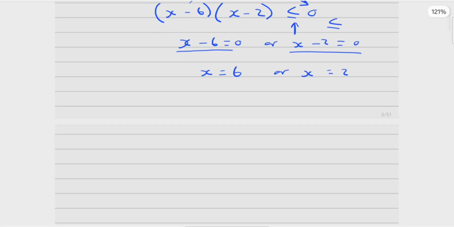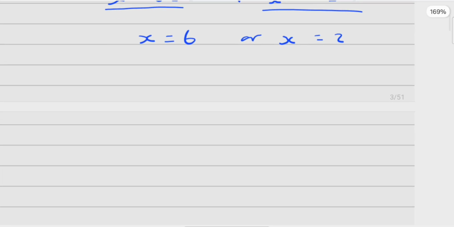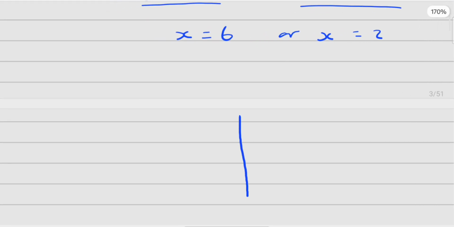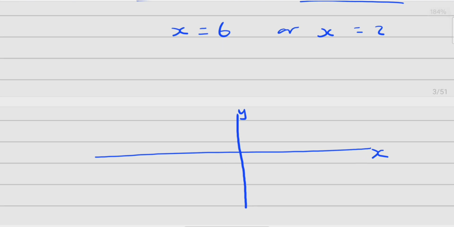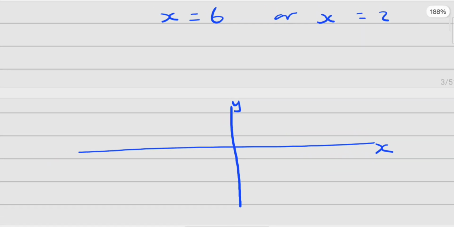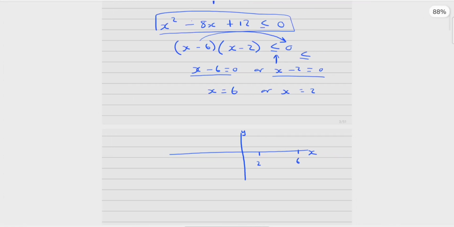And for that, we are going to make a sketch. We're going to be using the graphical method. So for that, we put our y and our x, and we label our x's like that. As you can see, we're only dealing with this part of the x-axis. So we have x equals 2 and x equals 6.